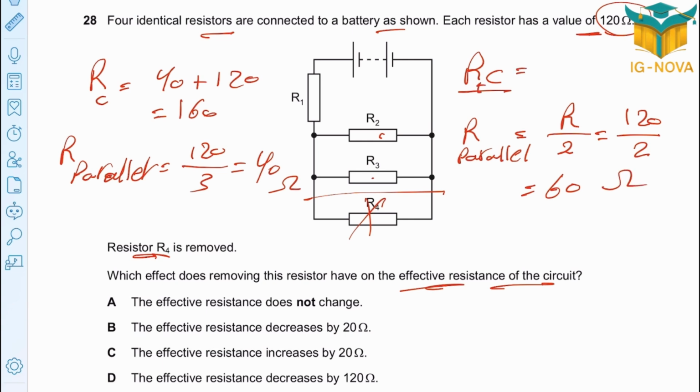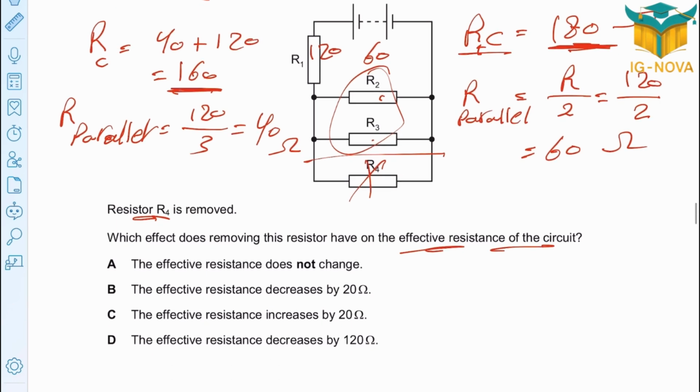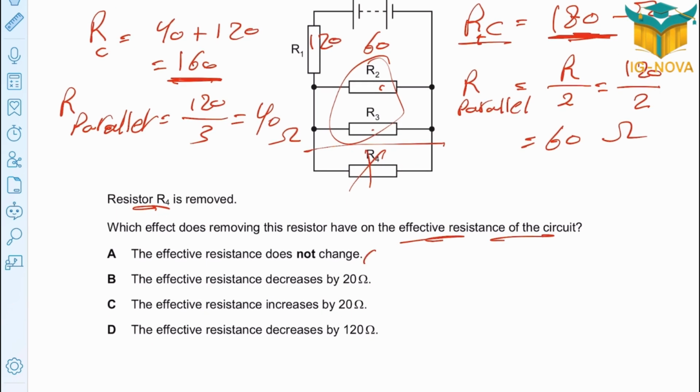RC total will be this 60 and this 120, summation of them, 180 ohms. So before removing is 160, after removing is 180, so resistance increases. The effective resistance doesn't change, only knob decreased, knob increases here. Yeah, correct option is C. Very, very good question.